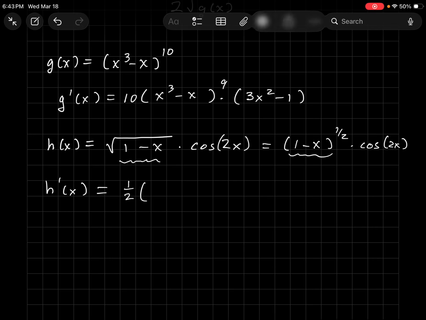Subtract 1 to get the new power, and we leave the inside part alone, but times the derivative of the inside part, which is -1. So I did the chain rule on the first part, and now I go back to the product rule, which says, let's leave that second part alone, and then plus.